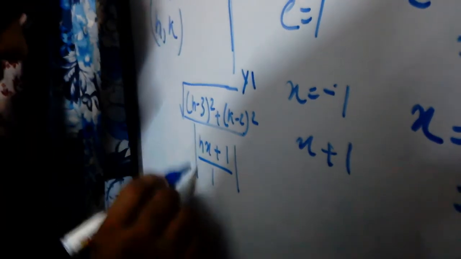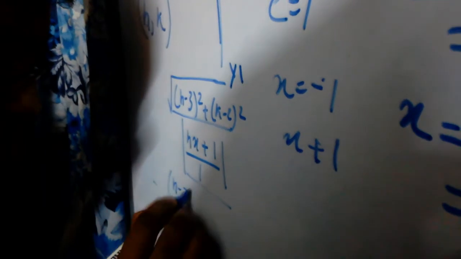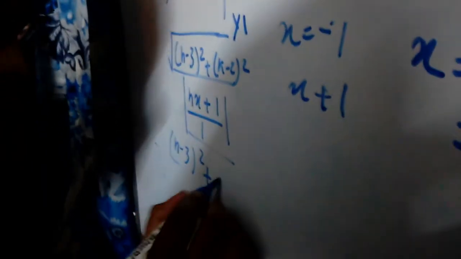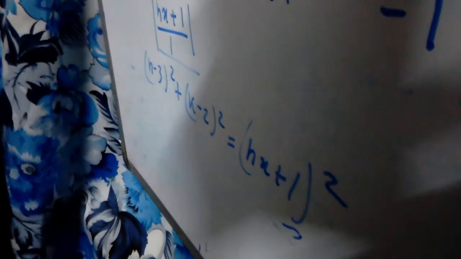Squaring this and equating, we get (h minus 3) whole square plus (k minus 2) whole square is equal to (h plus 1) whole square. Why? Because the eccentricity is 1, so the distances will be equal.